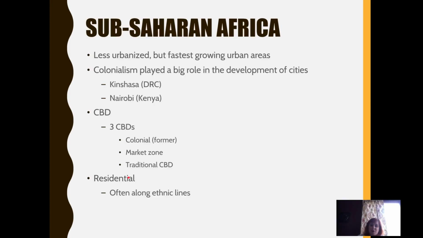Sub-Saharan Africa model. These are really interesting because it takes into account that there are parts of the city that were developed by colonial powers, and then there are also parts of the city that were developed either post-colonial or pre-colonial. So they typically have 3 CBDs. The colonial CBD, the one that the colonists decided, like, this is the CBD, the market zone, where their marketplaces are, and the traditional CBD, okay?